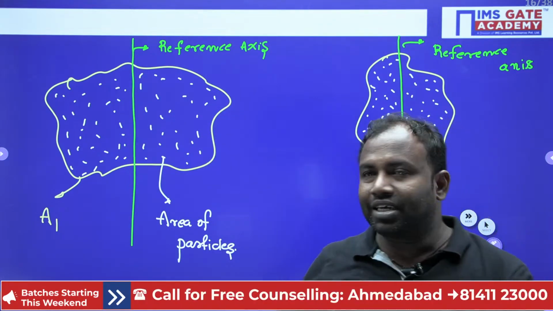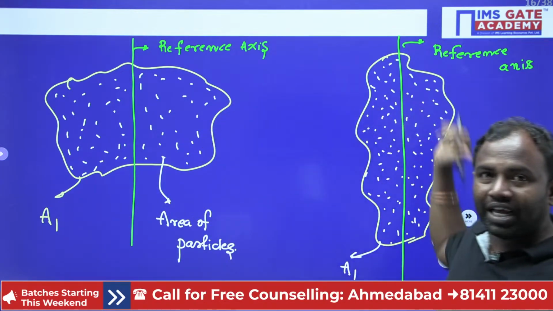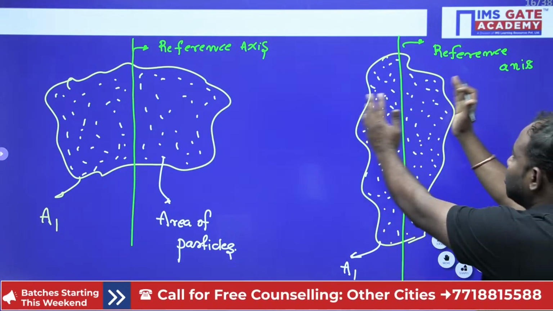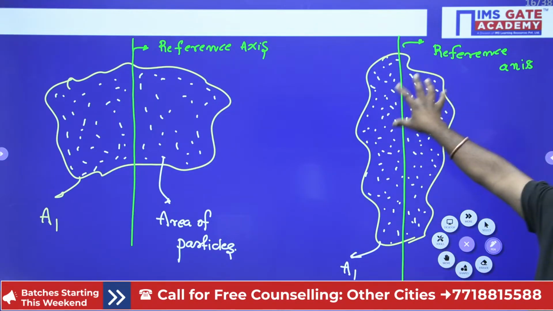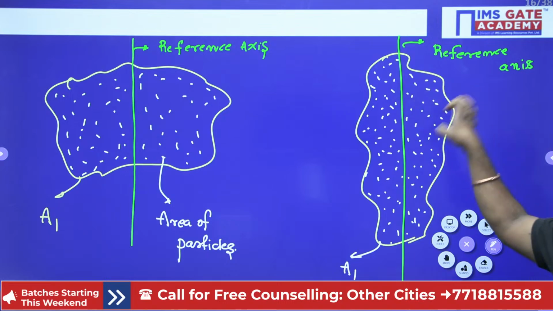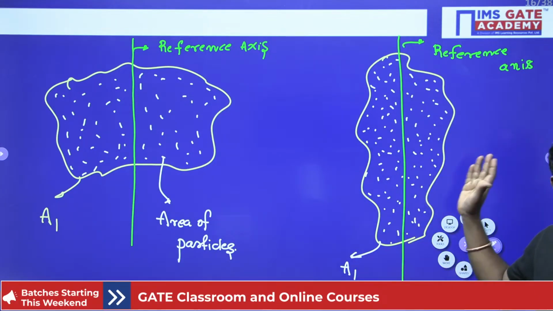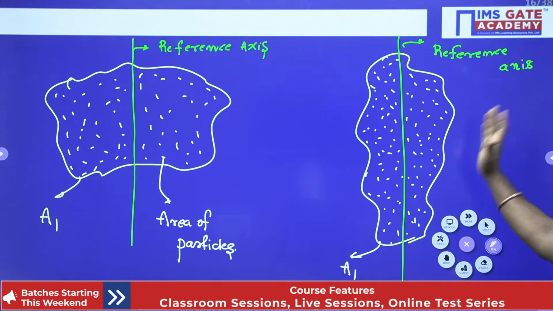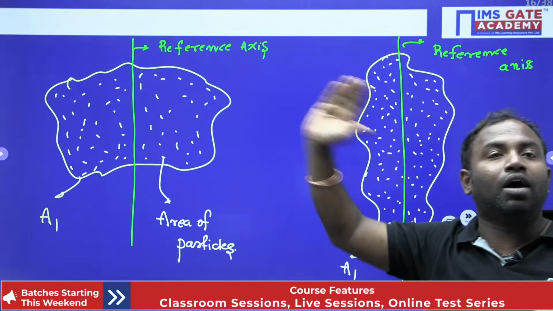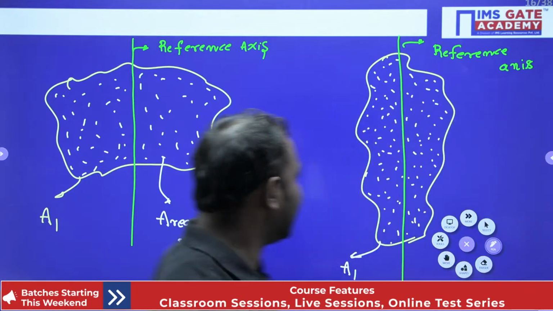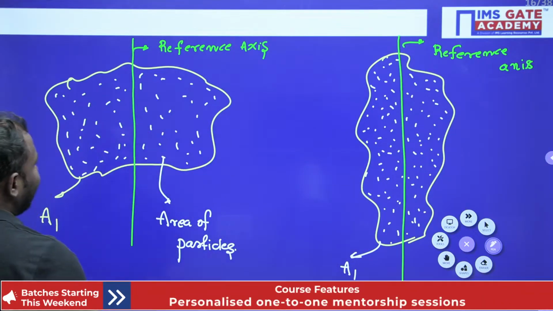Now you tell me, here the particles are distributed over a very small area, very close to the reference axis. That is why this area does not have much resistance to the moment. Now we can say that this area has less moment of inertia and this area has high moment of inertia, right.